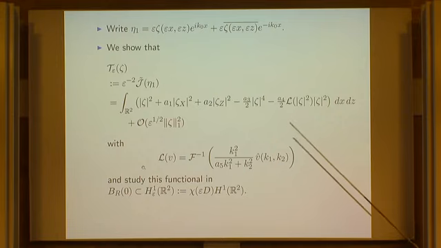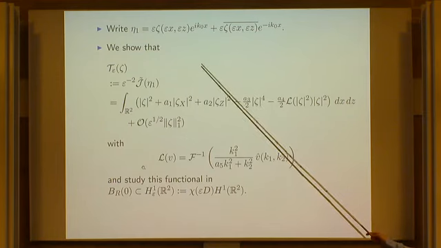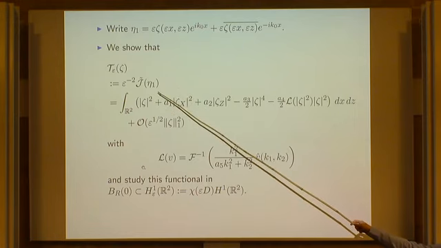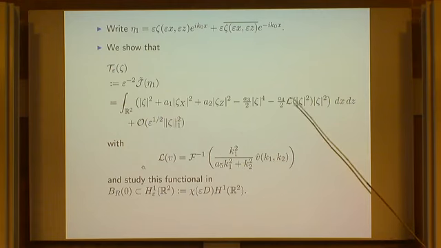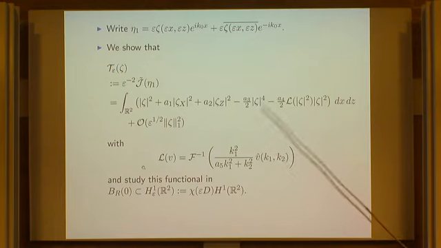Okay, and then we expand everything in terms of epsilon, and we show that a rescaled version of J tilde is equal to the Davey-Stewartson functional plus some small remainder. This first part is exactly the Davey-Stewartson functional. And now this is semi-linear enough so that we can prove the existence of critical points for this functional. And this is just a small perturbation term.